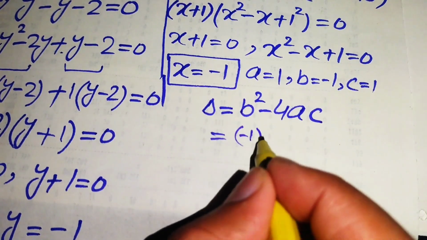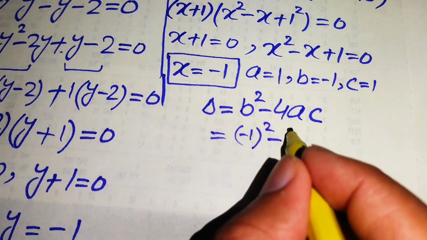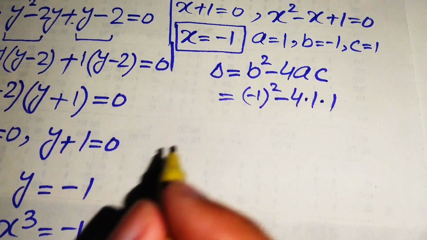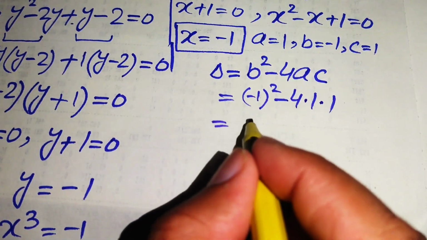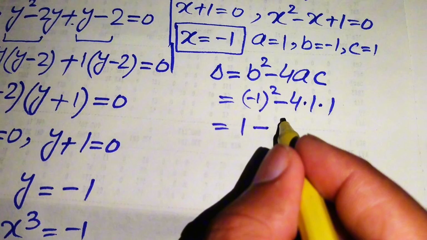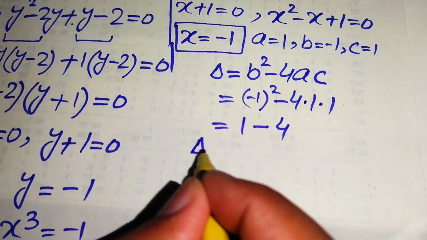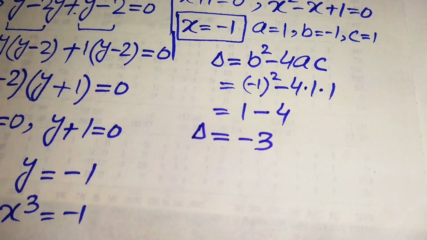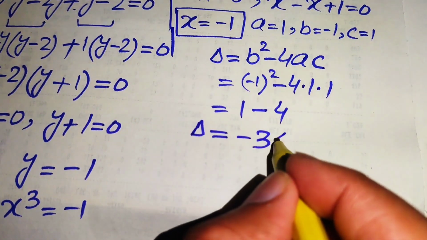So we substitute the value of b, it is (minus 1) squared minus 4 times a is 1 and c is 1. So we get here (minus 1) squared becomes plus 1 and minus 4 times 1 becomes minus 4. So you get the value of delta equals minus 3. And you see here our delta is less than 0.